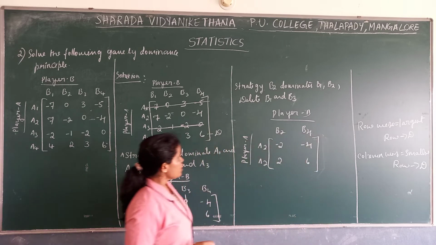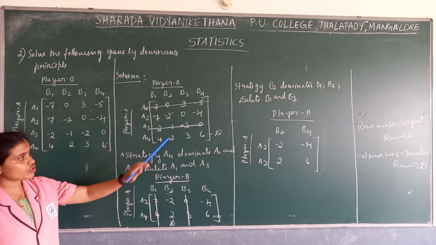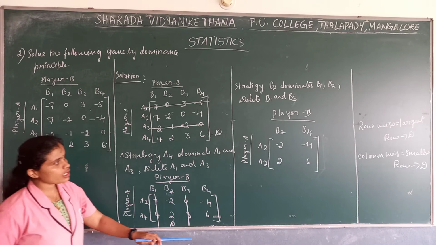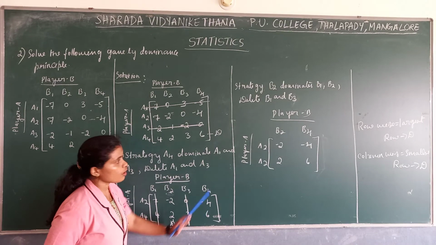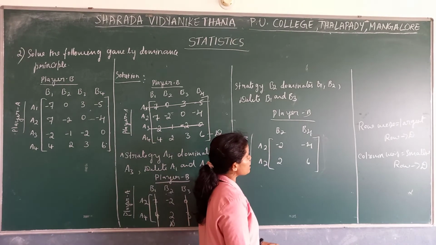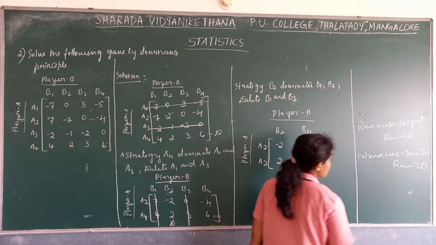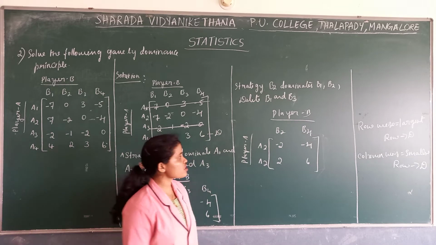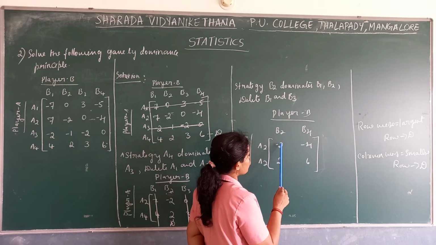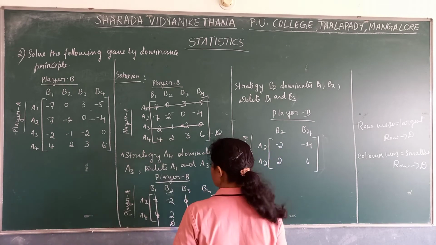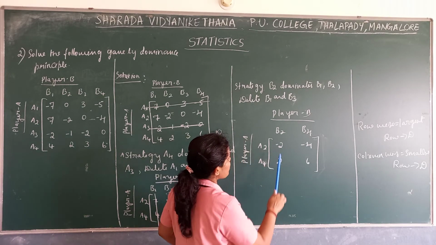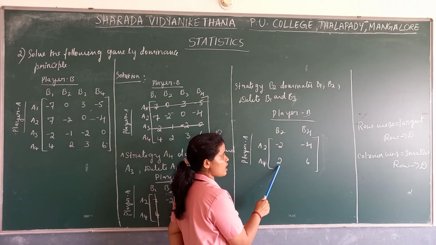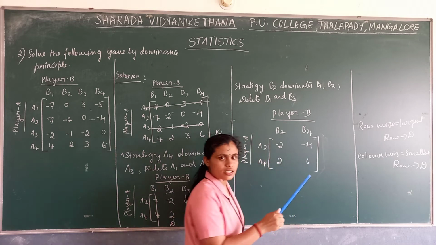Now row wise comparison is over, column wise is over, and here once again we have to go with row wise. Row, column, row. In case of row wise, what did I say? We have to find the largest row. Now compare A2 and A4. Here -2 and 2, 2 is the largest. -4 and 6, 6 is the largest.